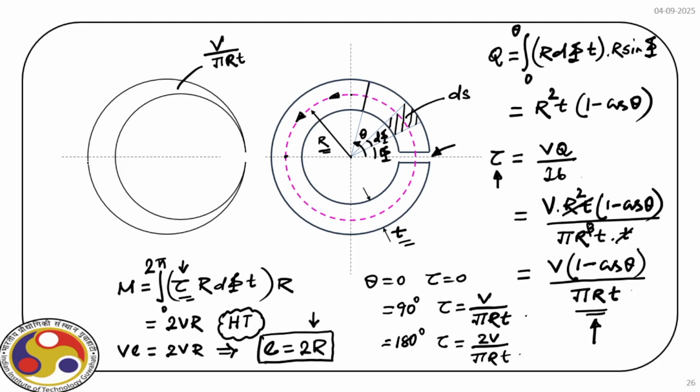And when we are here at theta equal to 180 degree, we have twice V by pi r t. So that's the shear stress distribution over the entire cross section for this circular section with a small opening, right?